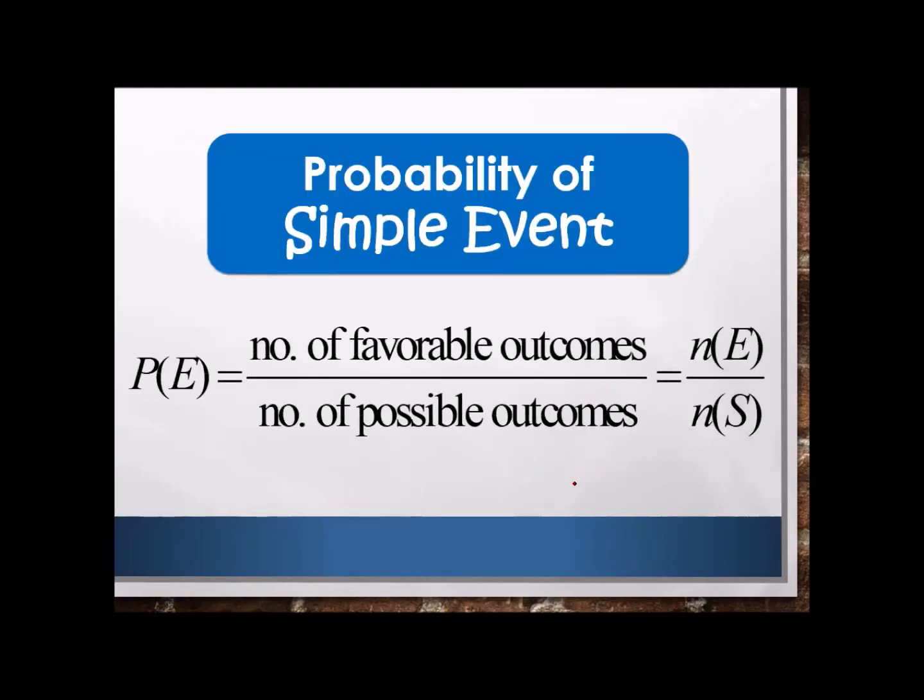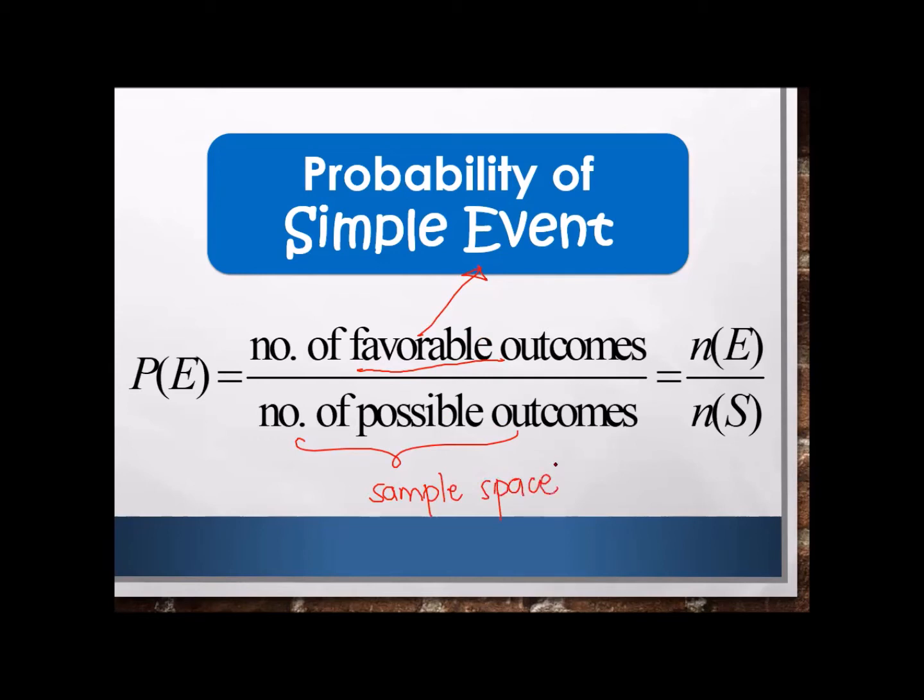Now, this is the formula for the probability of simple event. Probability of E is equal to the number of favorable outcomes all over the number of possible outcomes. Ano ba ibig sabihin ng favorable? These are the things na nagpe-pertain dito sa simple event. Ano ba ang hinahanap? Ano ba ang kailangan? And then the number of possible outcomes, that is what we call the sample space.